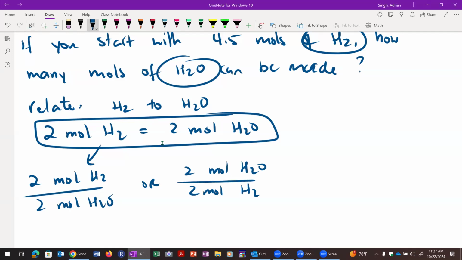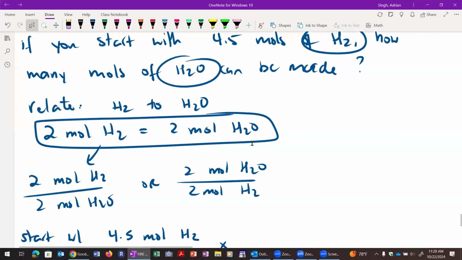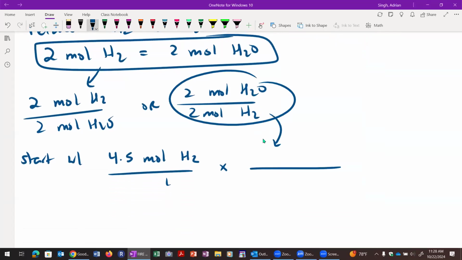So now I'm starting off with 4.5 moles, that's what I'm given. So 4.5 moles of H2, and I want to end up with moles of H2O. I'm going to pick this conversion factor and stick it in here. So now I have 2 moles of H2O for every 2 moles of H2.